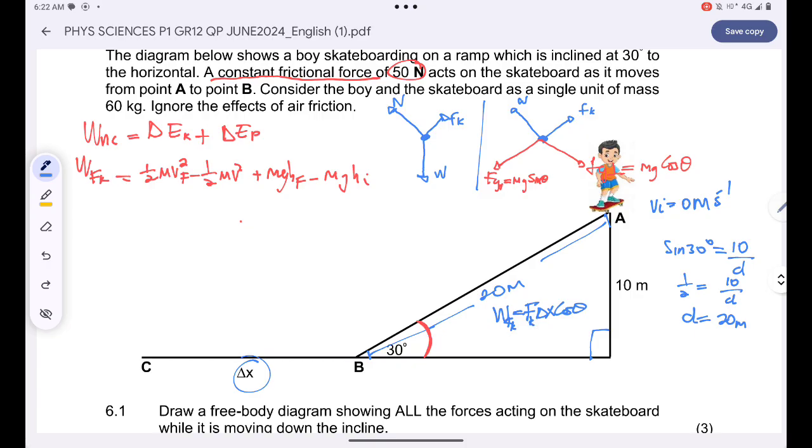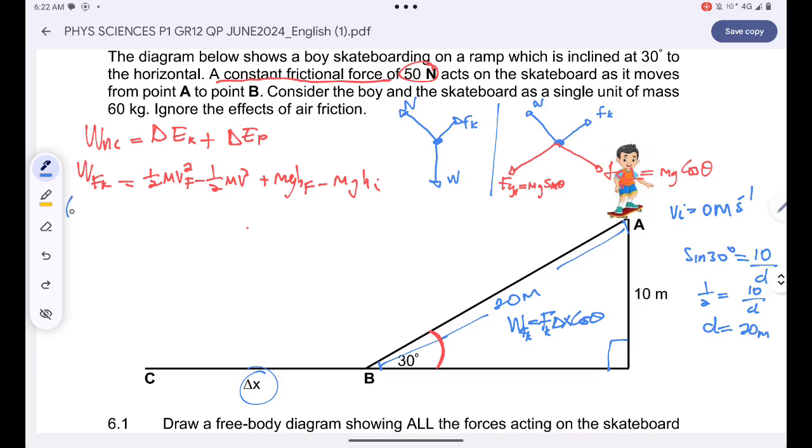So I'll multiply my kinetic friction of 50 newtons with the displacement traveled, which we found to be 20, and then cos of 180 degrees. This theta just represents the angle between the force in question and the direction of motion. Friction is opposing the motion, so friction will be acting up the incline, while the direction of motion is down the incline. So the angle between the two is 180 degrees.